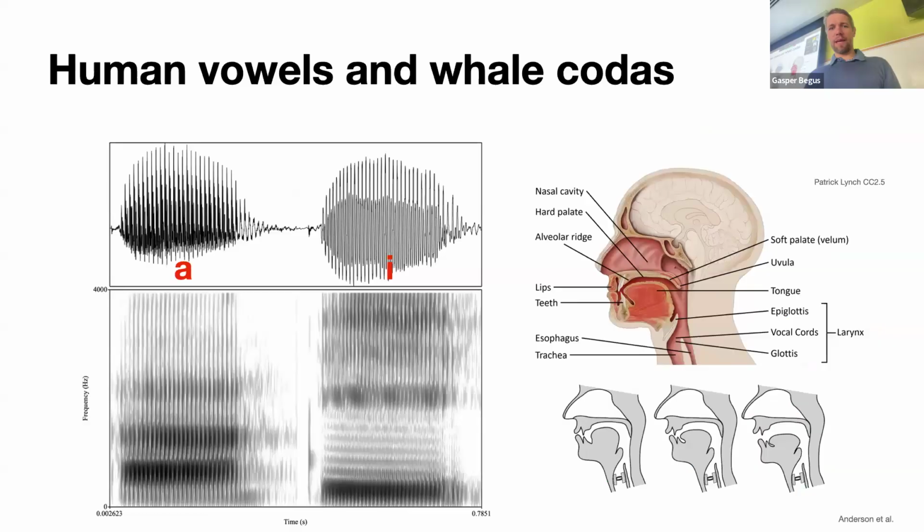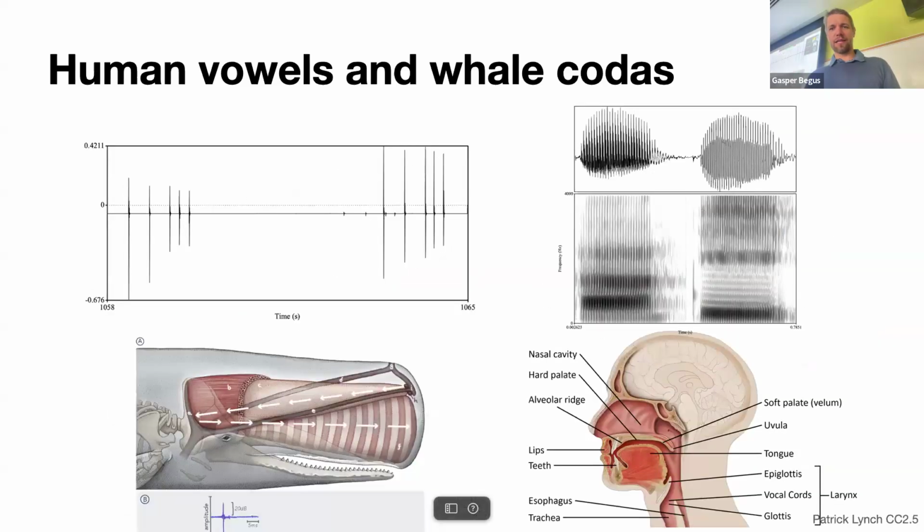And then before, we were looking at a spectrum and found these really interesting patterns. And so we went and checked, and basically, I don't need to say anything about vowels here, but on the surface, these clicks look absolutely nothing like human vowels, and they're even called clicks, which is a misnomer. But if you think of the production, these are pulses of their phonic lips, which are exactly the same as our vocal folds.